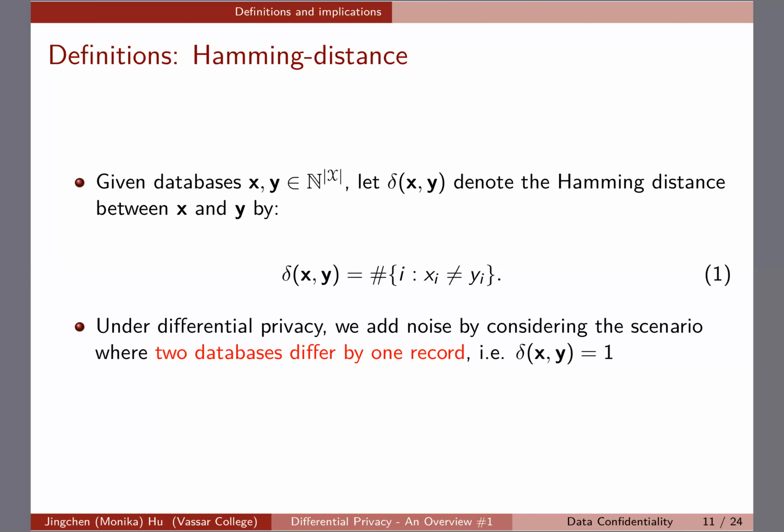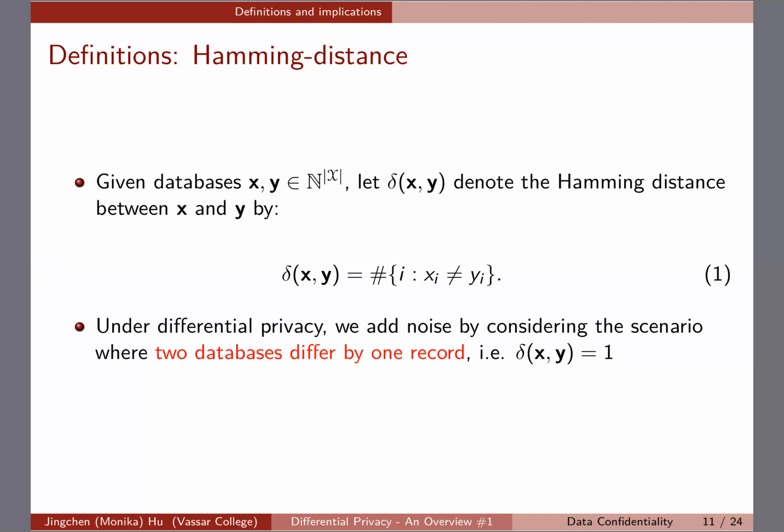We want to make sure that even though two databases only differ by one record, the output statistic, which is the count of rural CUs, cannot be differentiated from each other to some degree.